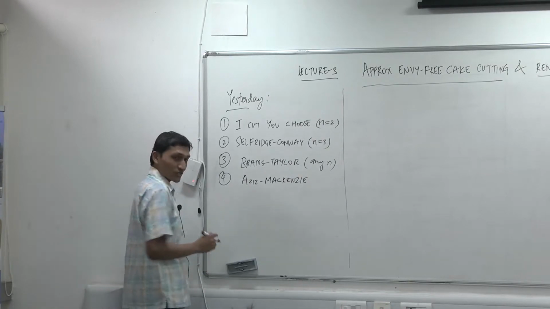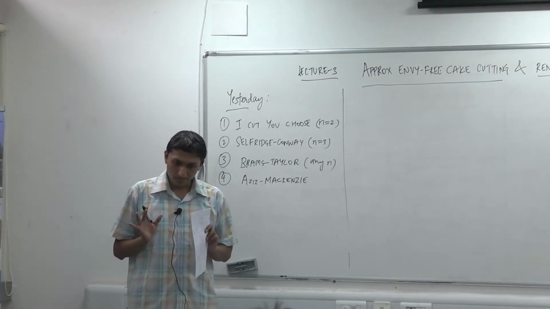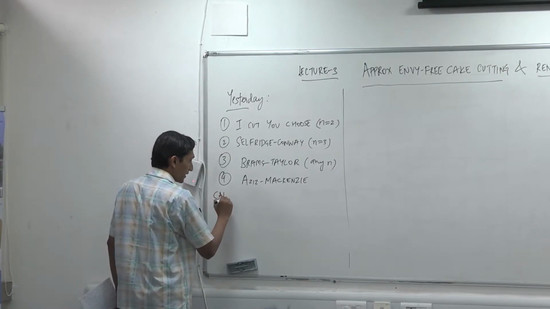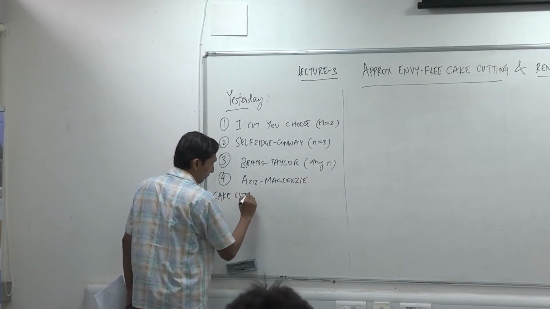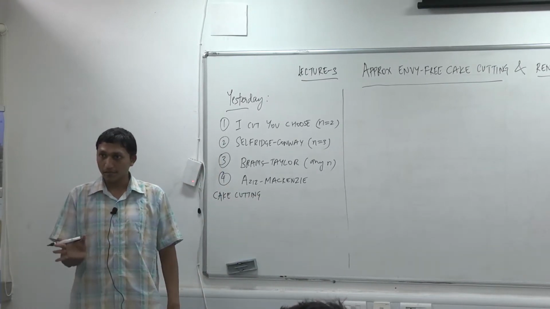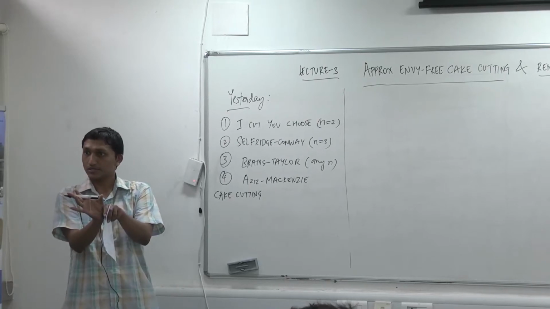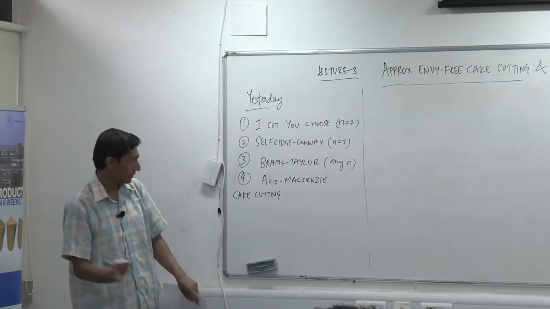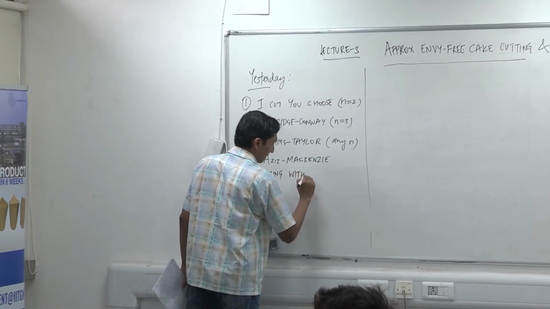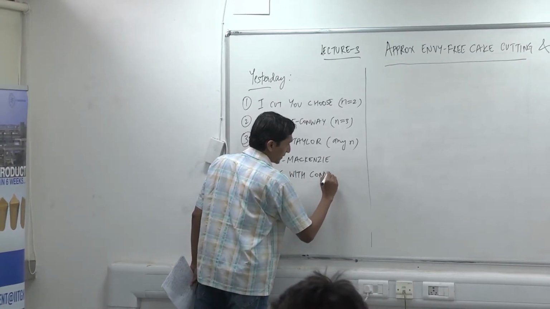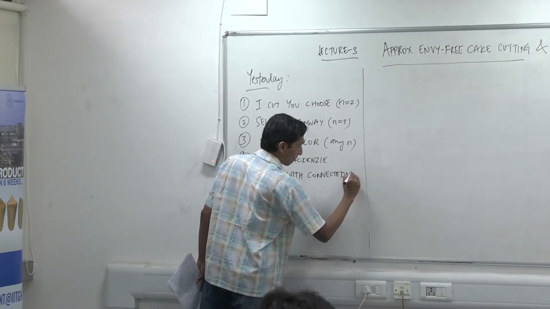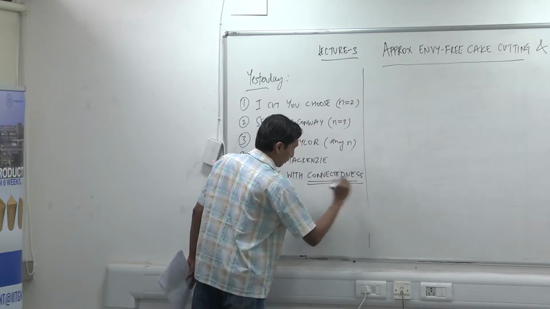So that's going to be our focus for today. We are going to revisit the cake cutting problem, but we are going to put this constraint that every player should get a connected piece, no crumbs allowed. So this is cake cutting with connectedness.